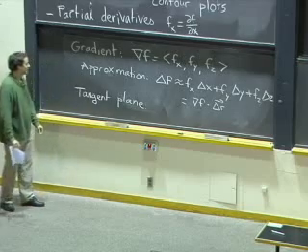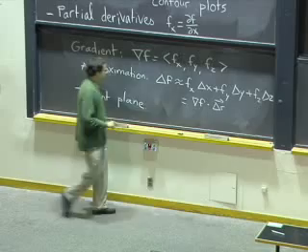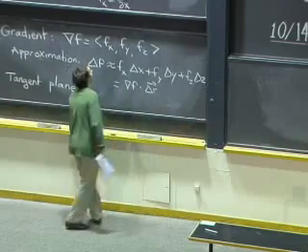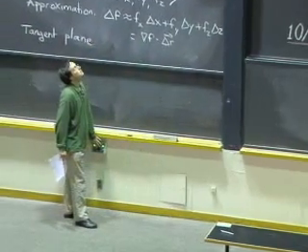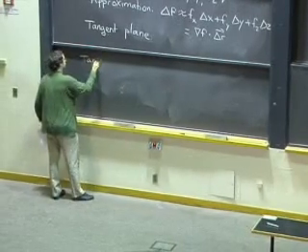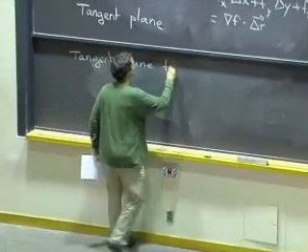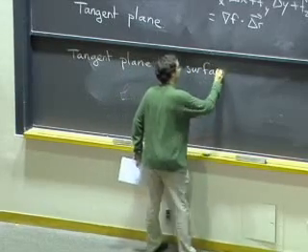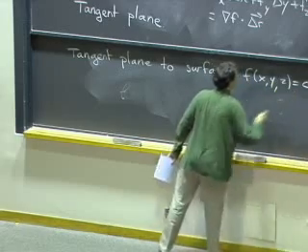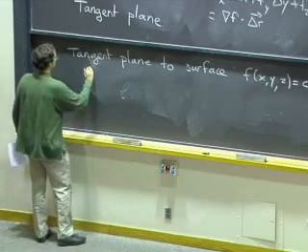That also tells us how to find tangent planes to level surfaces. So recall that the tangent plane to a surface given by the equation f of x, y, z equals c at a given point can be found by looking first for its normal vector.